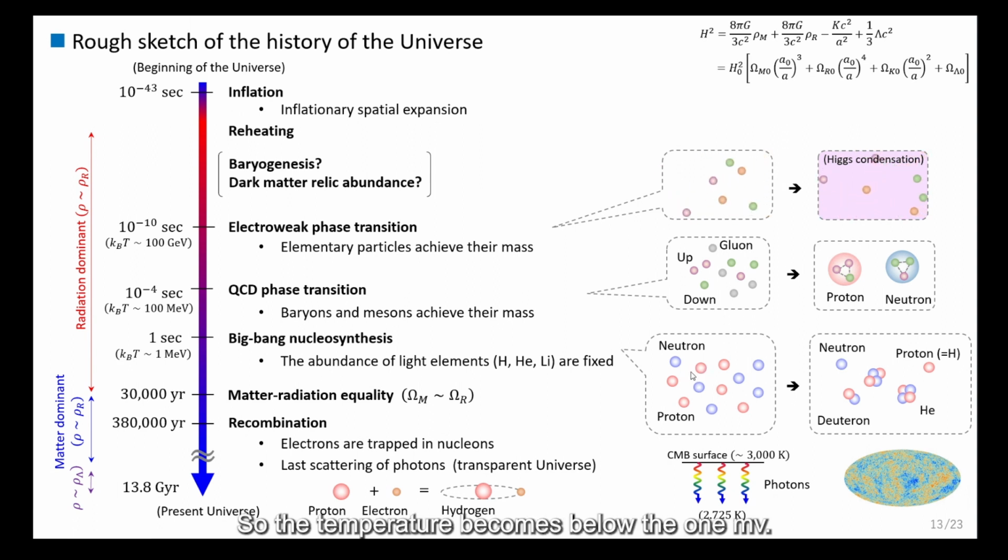So the temperature becomes below 1 MeV. Then all these nucleons combine together and form the nucleus, not the atom, without the electrons. So this is called the Big Bang nucleosynthesis.